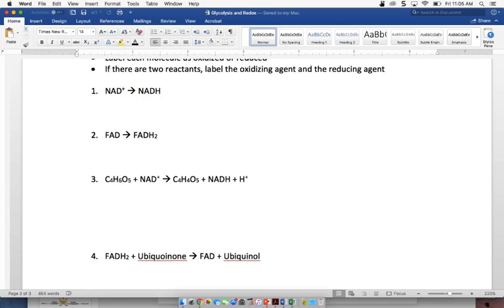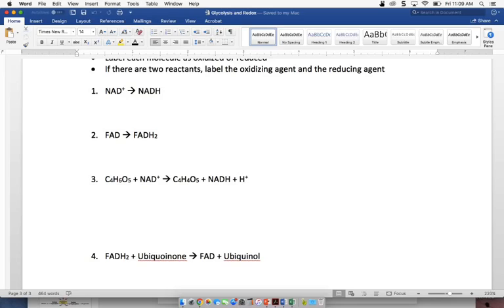And remember, these two pairs, NAD and NADH, and FAD and FADH2, are coenzymes. They are carrying high energy electrons in their reduced form, and where do those electrons eventually go? This one, ubiquinol, occurs right in the electron transport chain. I'm not asking you to know the name ubiquinone and ubiquinol. Actually, you don't even need to know what it is to be able to answer this question. Focus on the FADH2.